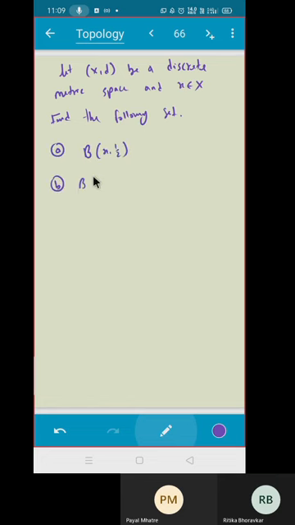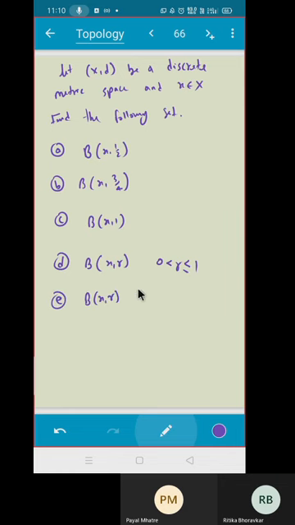Okay, somebody else, Ritika. Shreyas? Sir, the distance between any two points in the set is 1. Any two different points. If they are the same, then it is 0.